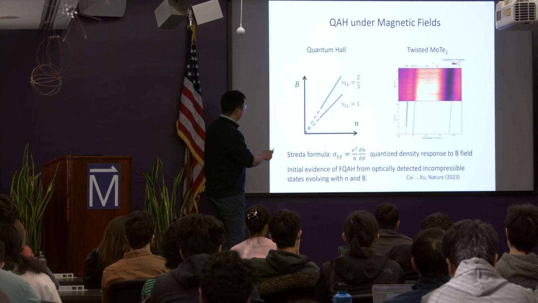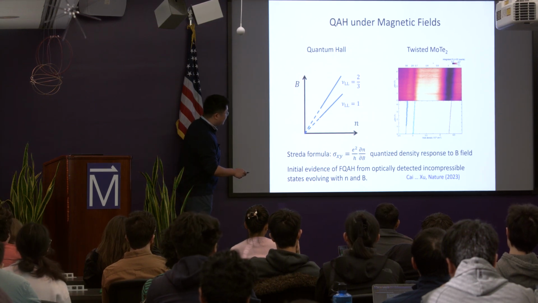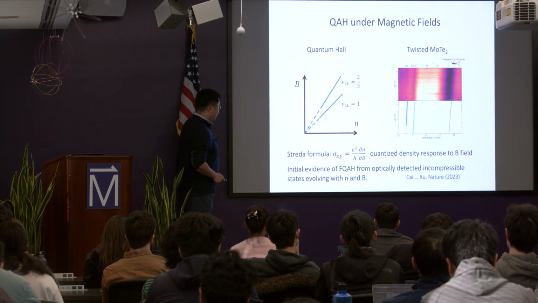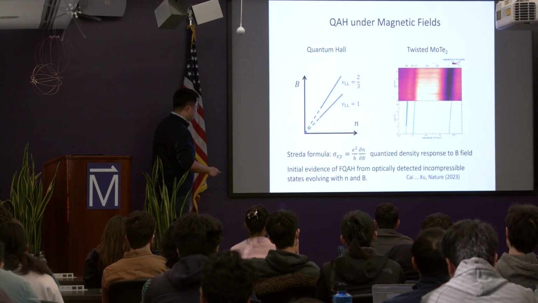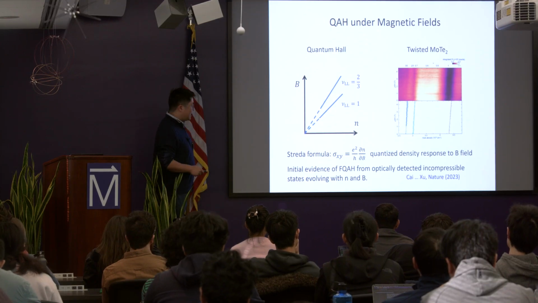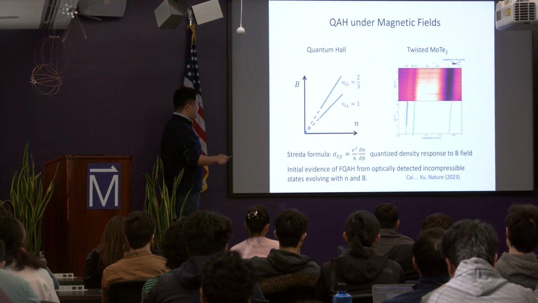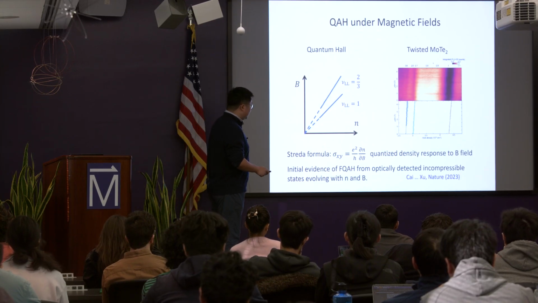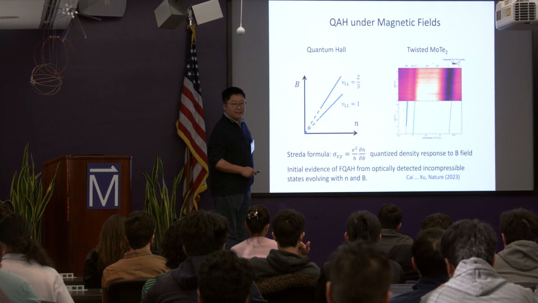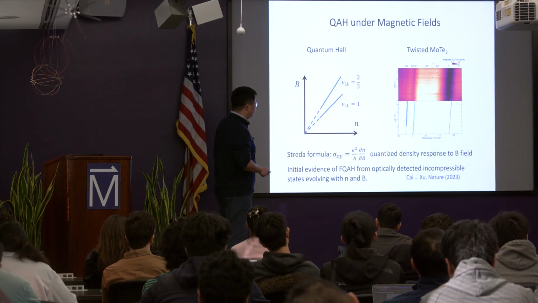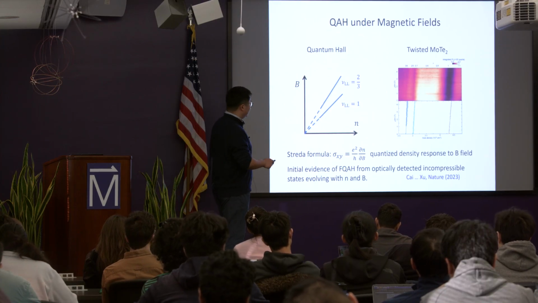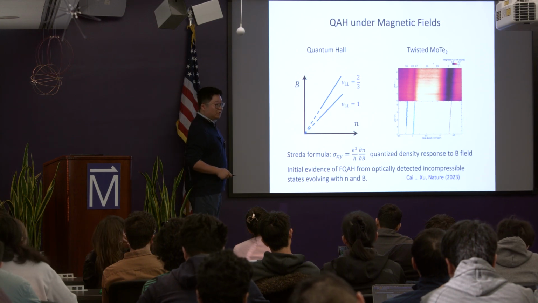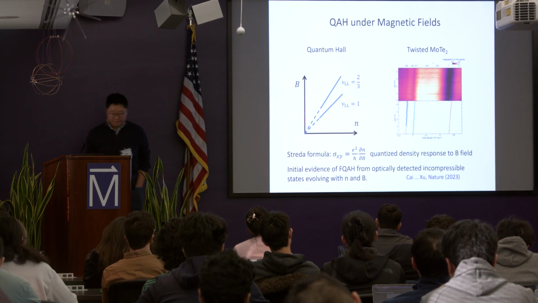It's very similar to the quantum Hall case, but now everything goes down to zero field, okay? And this slope is actually determined by the Streda formula to be exactly related to the quantized sigma xy. So this is actually the initial evidence of fractional quantum Hall effect, not from transport, but from optics, okay? By tracking the incompressible gaps as a function of density and magnetic field, we suggested that this could be a way to detect fractional quantum Hall.